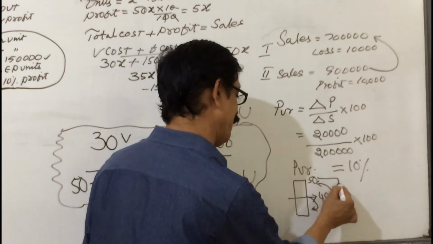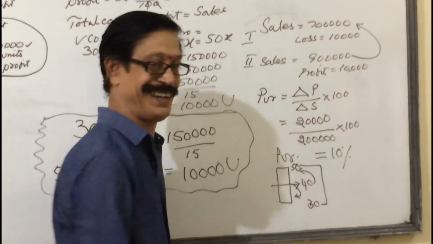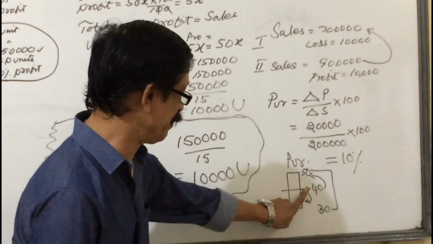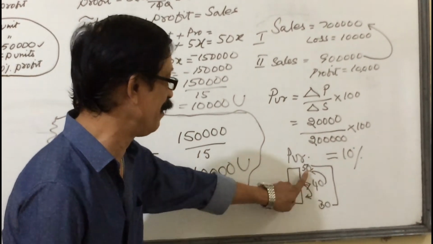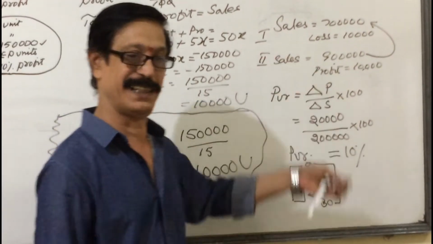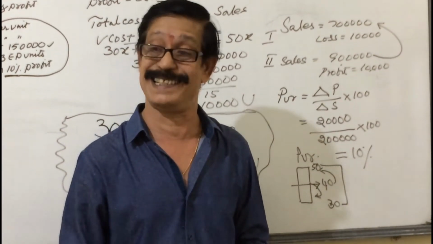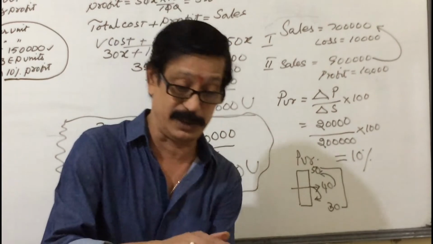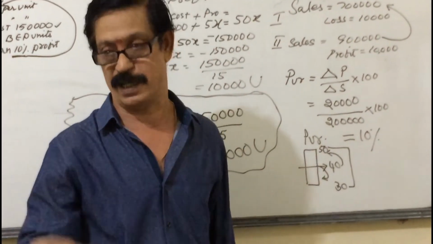So the difference between 50 and 30, don't say 10 only, it is 20. Understanding or not? This fellow is below break-even point. This fellow is above break-even point. Here also like that only, profit means more than break-even point. Loss means less than break-even point. The total difference becomes more. 10 plus 10, that is equal to 20,000.